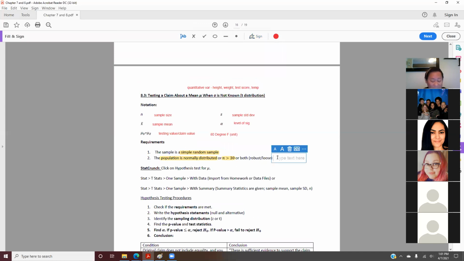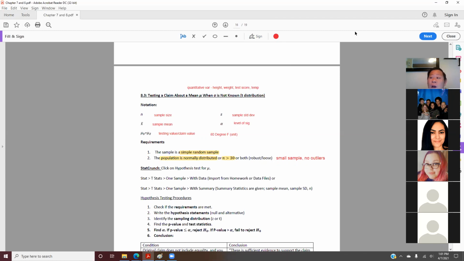That means you still can have a small sample, then make sure there's no outliers. So you can still use a sample size that is less than 30, like 20 or 15. Then make sure when you figure it out, there's no outliers. If you do have outliers for a small sample, you might not be able to use this t-distribution here.